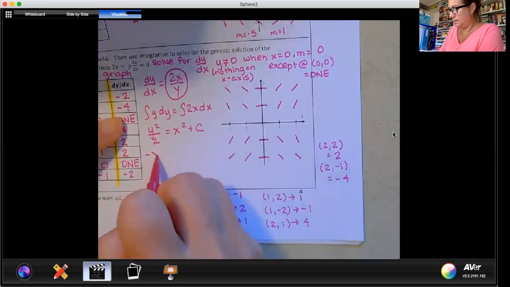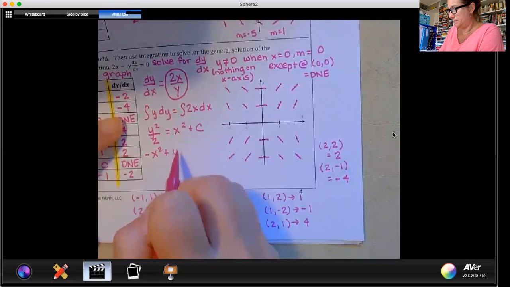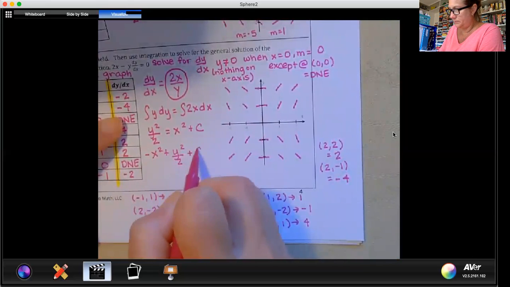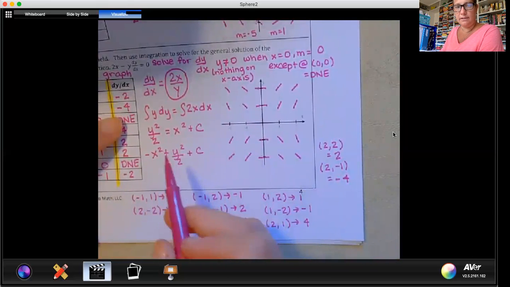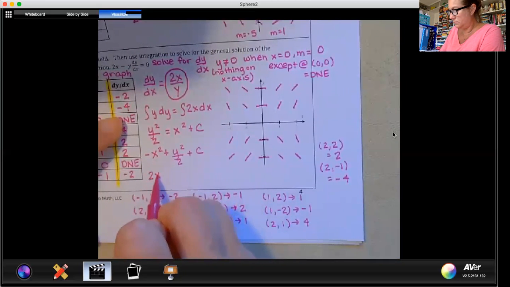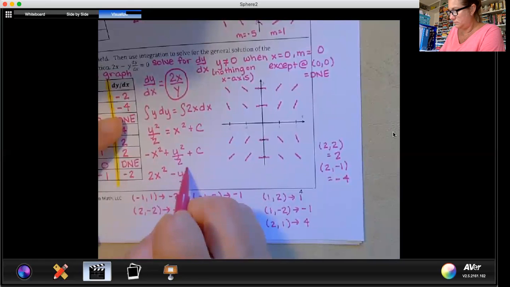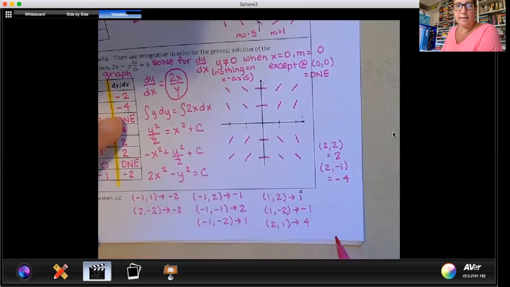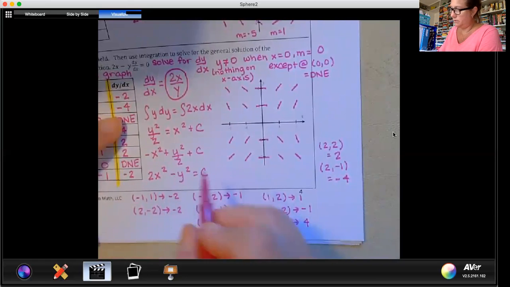Subtract the x squared. Now I'm going to do two things. Change the sign and multiply by 2. And that would be your general solution.